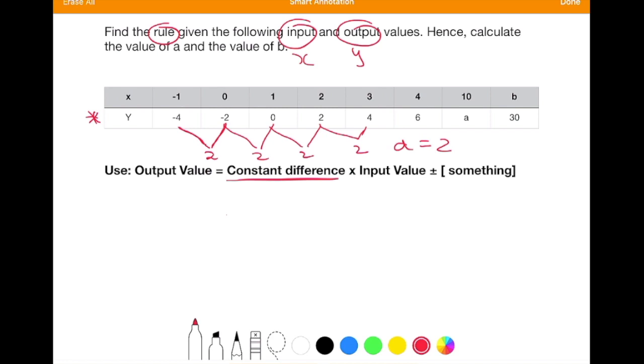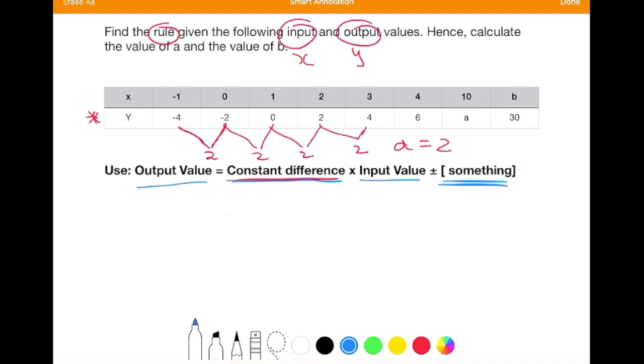So those y values are like a number pattern, and the terms of the number pattern are generated by adding 2 every time. And the formula that we will use to find the rule is given by output value equals constant difference multiplied by the input value plus or minus something.